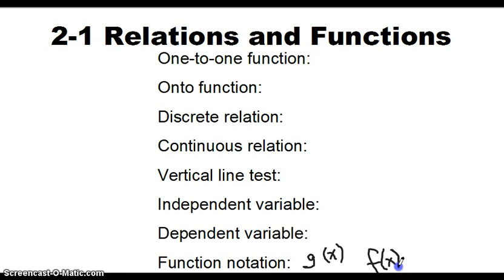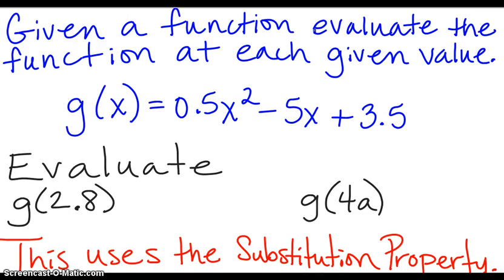I'm not allowed to make fun of my handwriting when I'm not at a board. We can have an h of x. So we say h of x, f of x, g of x. Those are functions. So given the function, evaluate the function at a given value.